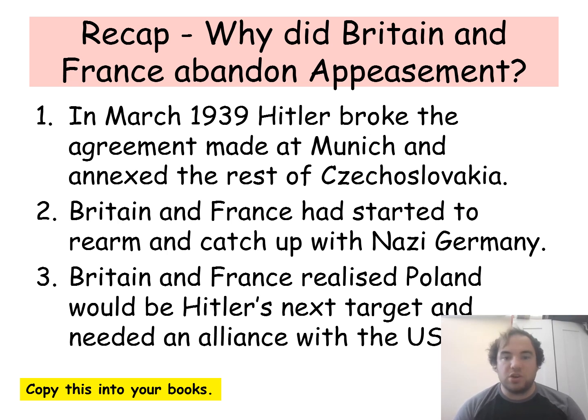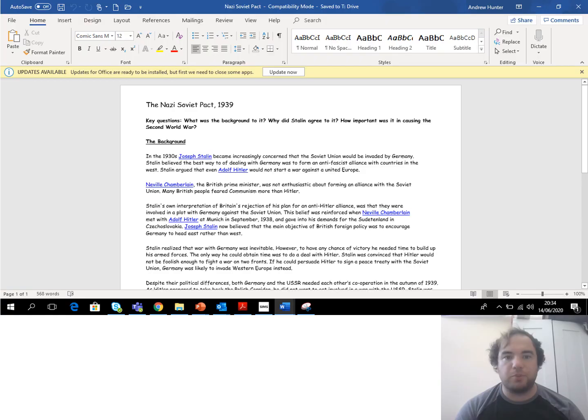And they had also realised that Poland would be Hitler's next target, and they really needed to get an alliance with the Soviet Union. So please copy that into your books. You can do it in your own words, by the way, or if you want to do it as a spider diagram or something, you can choose the format as long as you've got that information in your books.